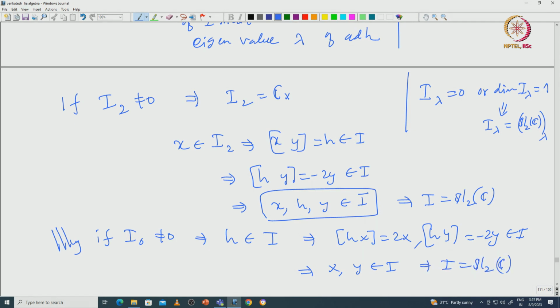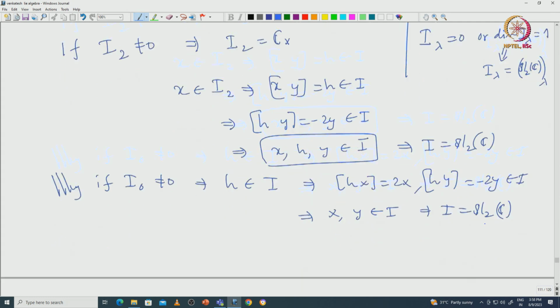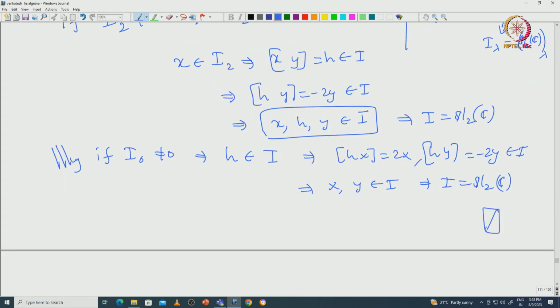Similarly, one can prove that I_minus 2 non-zero also implies I equals SL2C. So we proved that I is SL2C in all cases, and that proves that SL2C must be a simple Lie algebra.